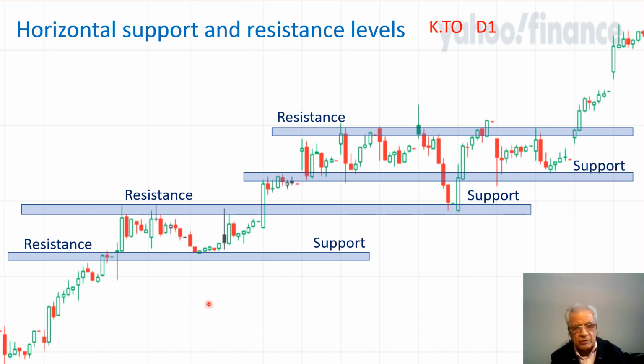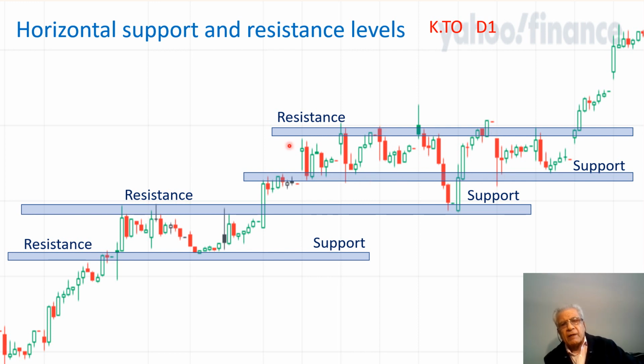These are troughs. So the peaks are above the support. You see, these are peaks that are above the support, and the troughs are below the resistance. Here, the troughs that are below the resistance.